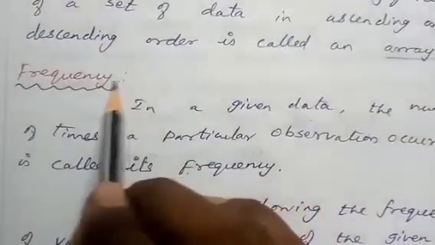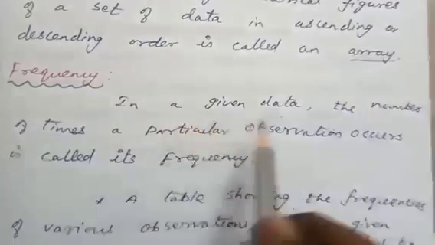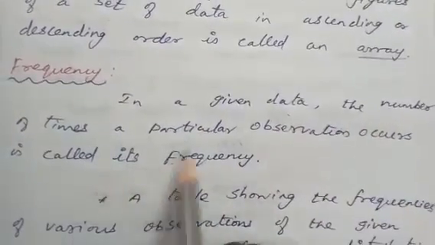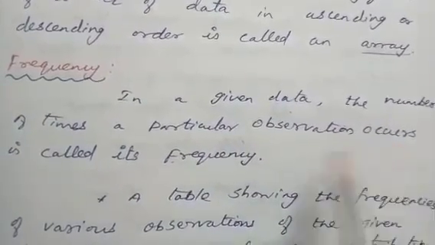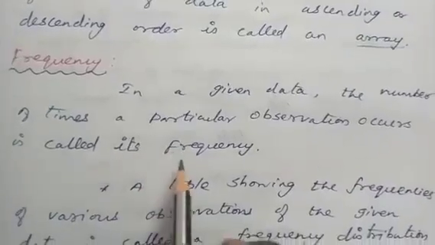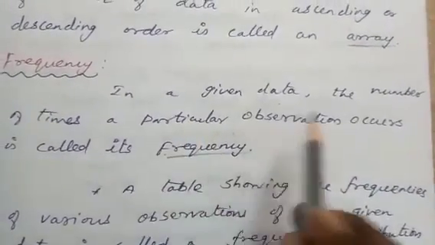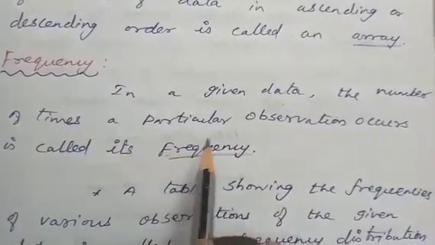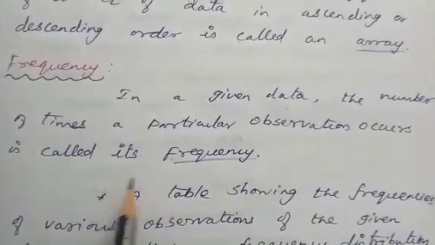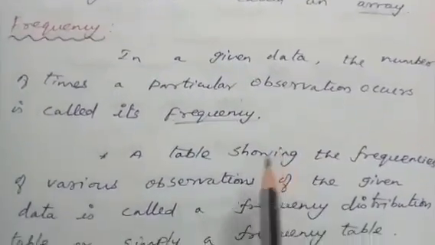The next one is frequency. In a given data, the number of times a particular observation occurs is called its frequency.